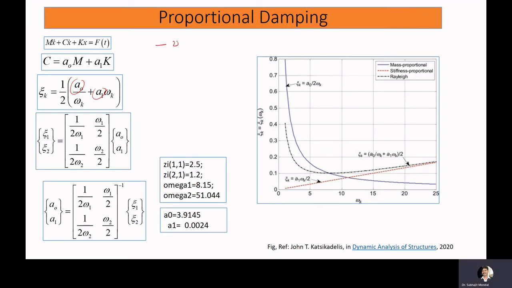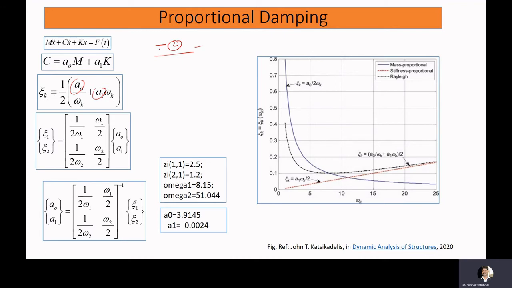So basically we need two equations to get these two unknowns. Now if we have a structure and you can identify the frequencies and the damping, then it is very easy to identify A0 and A1.